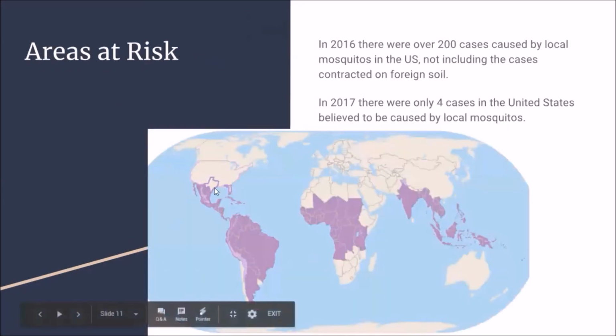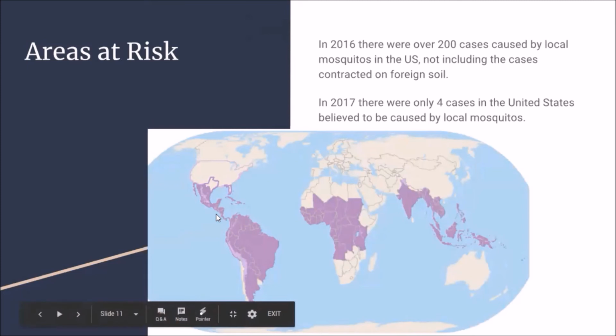As you can see here on this map, these are countries here in purple that have been infected or have reported cases of the Zika virus, and therefore are areas that should be avoided by expecting mothers.